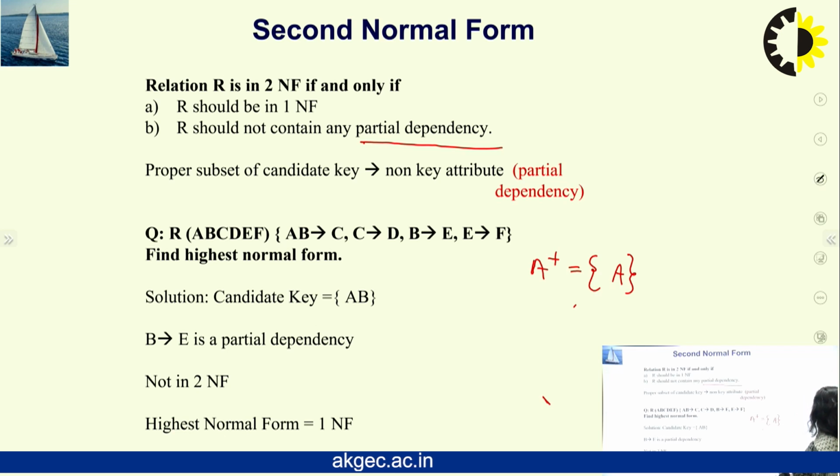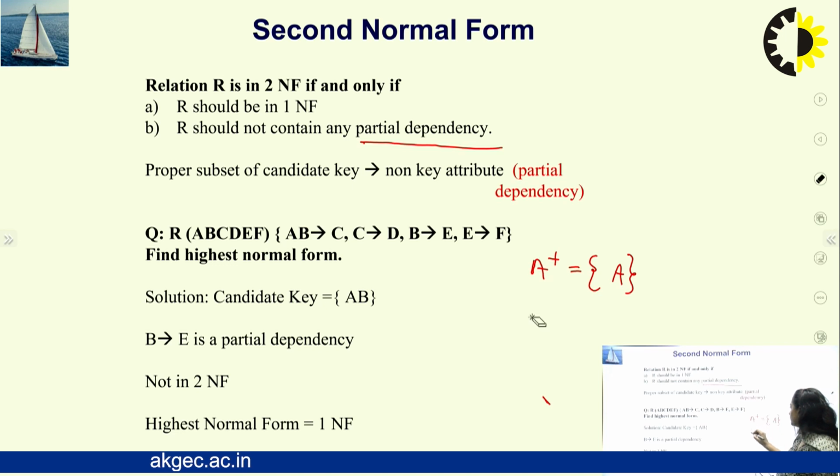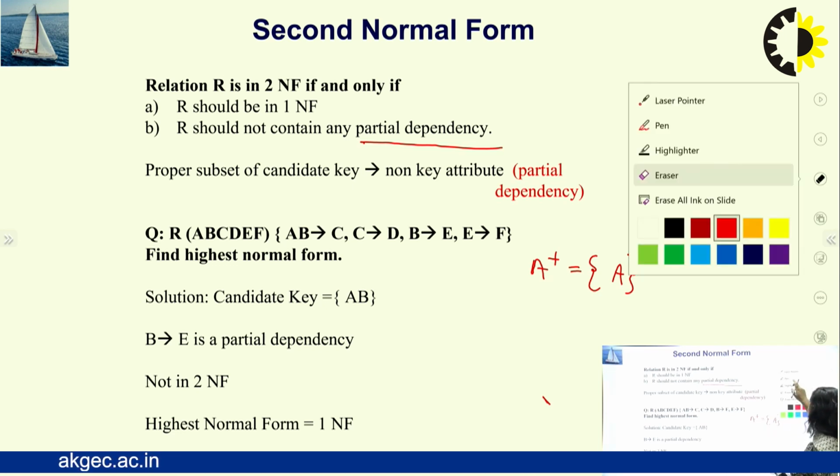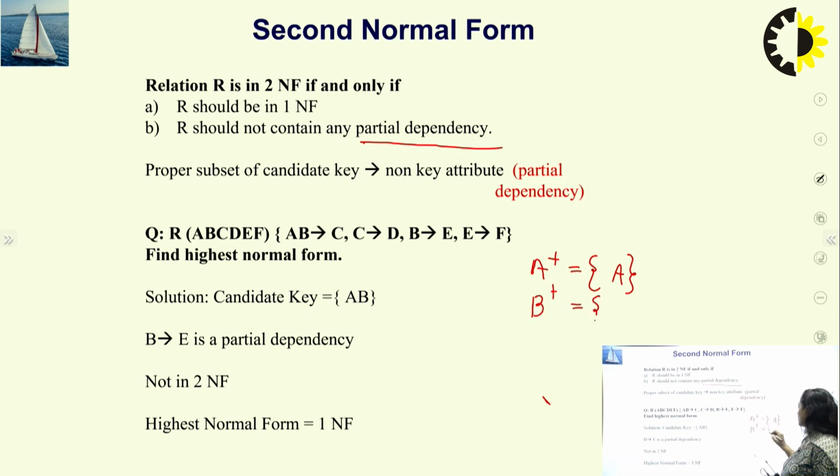Let's try B. Closure of B comes out to be B, and B can derive E, and E can derive F. That's all. So all the attributes are not covered in this closure set. We can try the combinations as well.